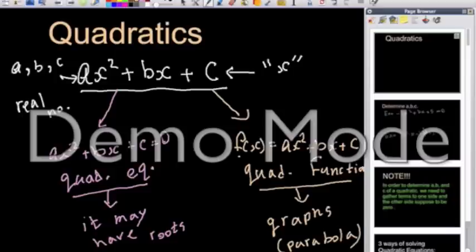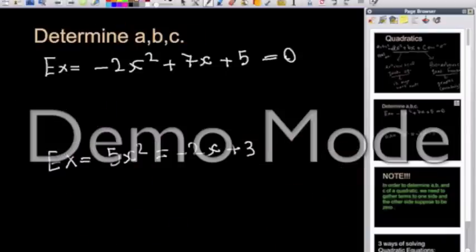Okay, so let's start off with learning how to determine a, b, and c. In this case, we have an example of negative 2x squared plus 7x plus 5 equals 0. Let's determine a.